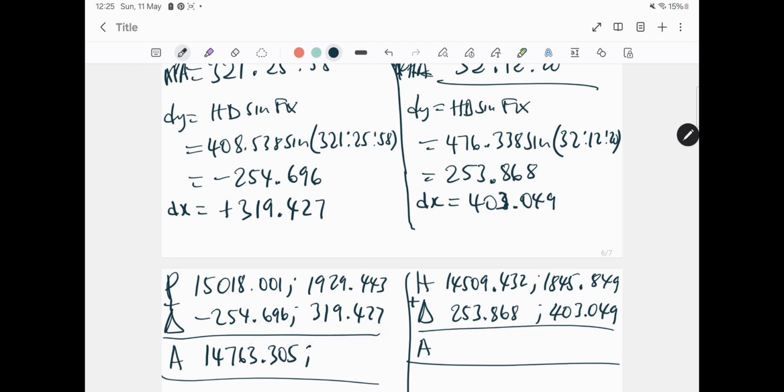We're getting 2248.87. So this other side, 14,509.432 plus 253.868.